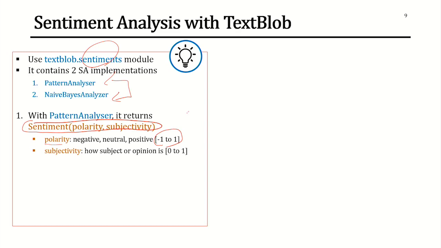Or it can be 1, which is very positive. The number can range from -1 to 1. And subjectivity gives how subjective or opinionated the text is, whether it's talking about the object or really the subjects of the sentence. The number for the subjectivity ranges from 0 to 1.